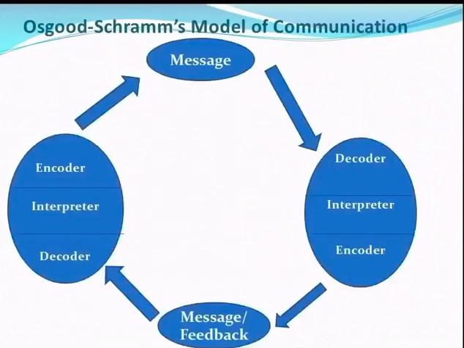This is how Osgood and Schramm's model of communication looks. You can see that it's in a circular form. Another thing which needs to be noted here is that encoder or sender and decoder or receiver interchange their roles with each other, which means the one who is encoder in the earlier process will become decoder later on, and the one who is decoder earlier will become encoder later on.